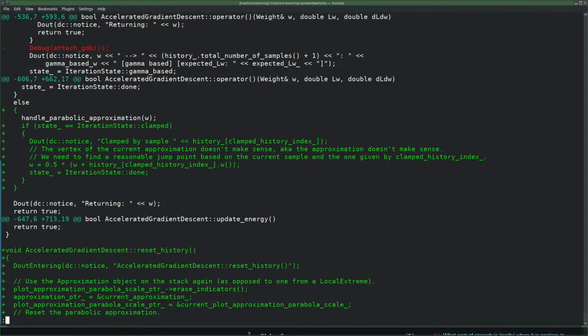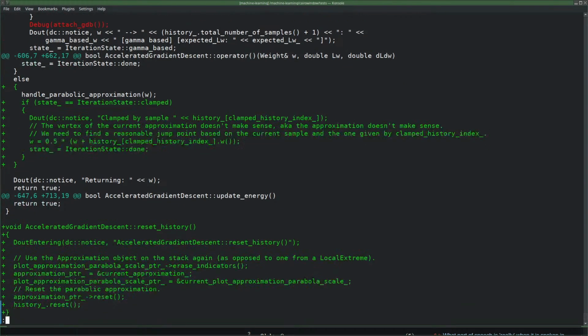Before I do that, I could play with this. If we put this at 0.6, now that doesn't jump exactly to the minimum. And then you can see how that works. It's close to a reasonable jump.